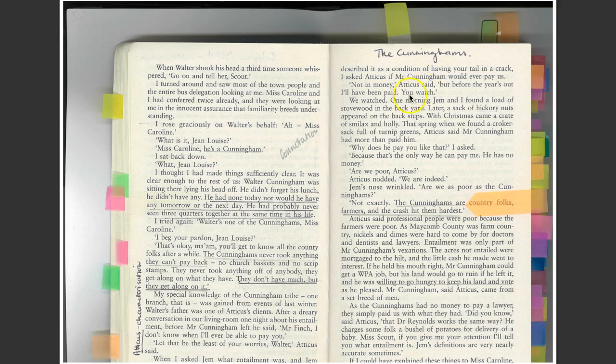The story of the Cunninghams is a really good one, and I think it's important. I've got orange here just to note characterization, or the building of certain families. And the Cunninghams are country folks, farmers, and "the crash hit them hardest." And the crash is the 1929 crash, in which the stock market basically bottomed out, and millions of Americans were impoverished because employment had been hit hard.